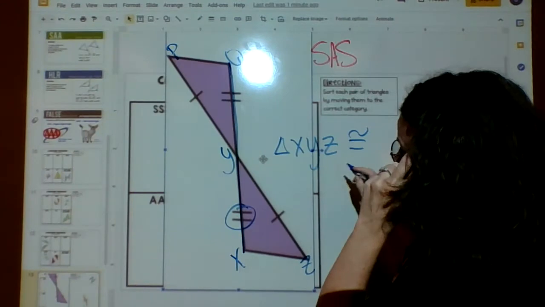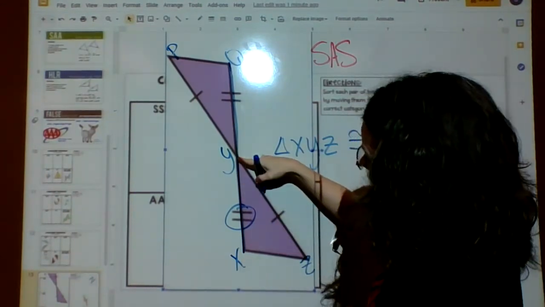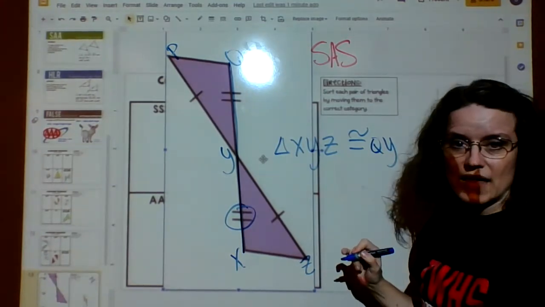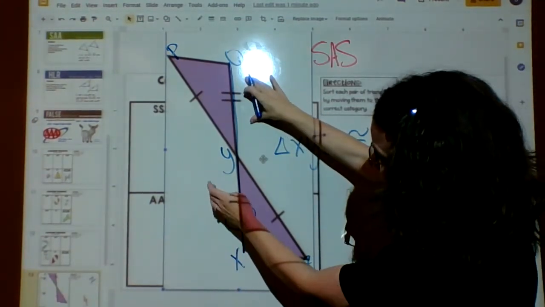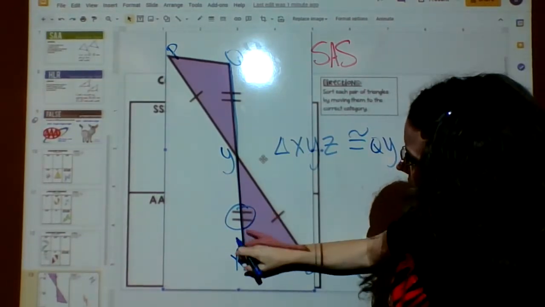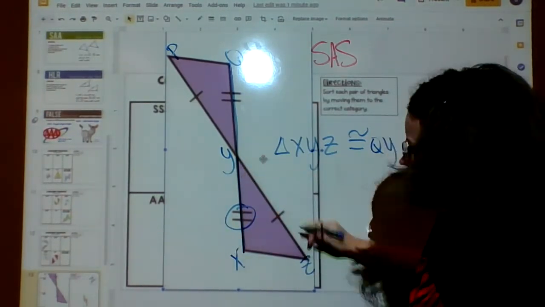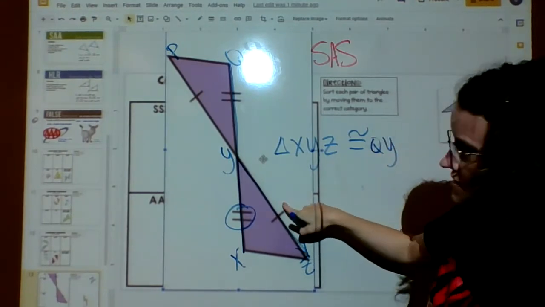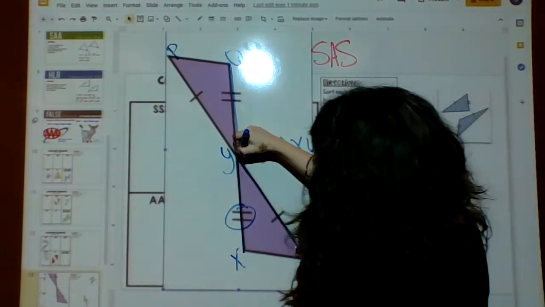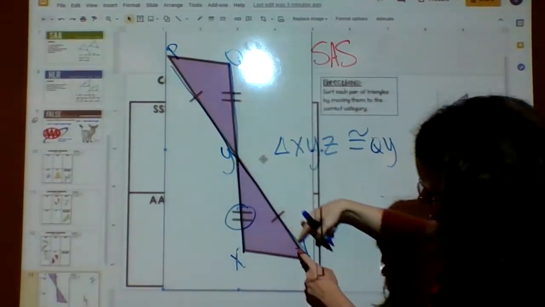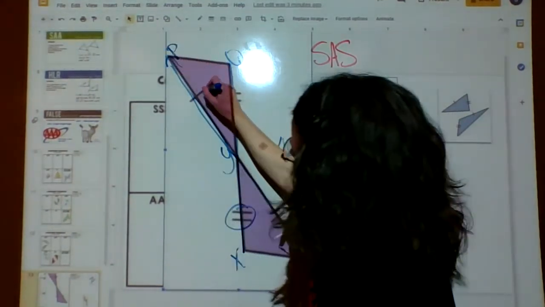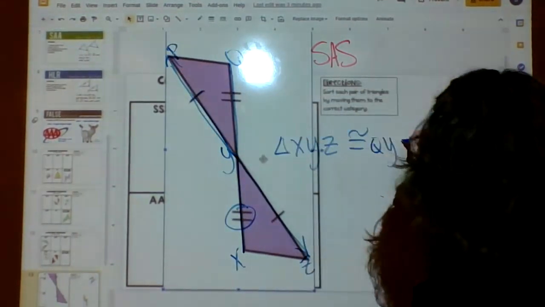And so I can go with X, Y, I'm going to go from Q to Y. That way, I've got this side is congruent to this side, X, Y, and Q, Y. Well now, if I go from X to Y to Z, I have gone back down the side that's single. So if I go from Q to Y, I have to go back up the single side just like I went down the single side here. So if I go up the single side that has just one mark, that takes me to P.